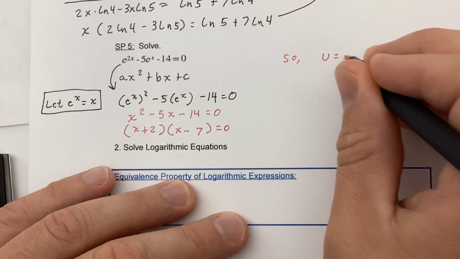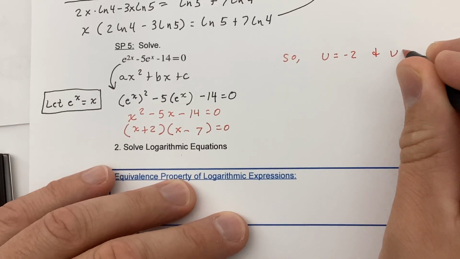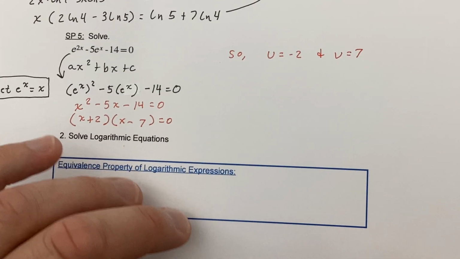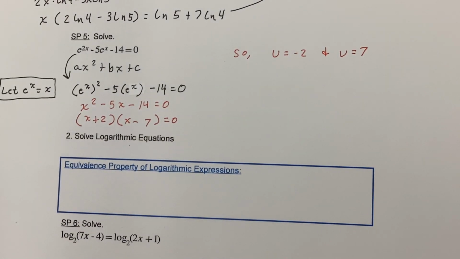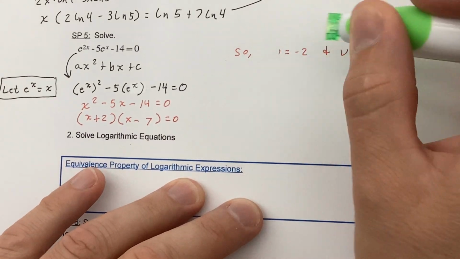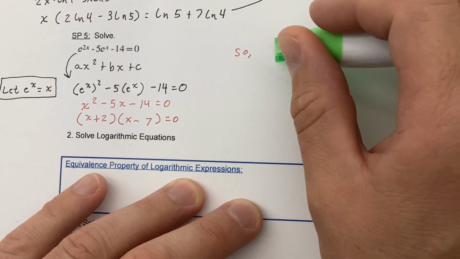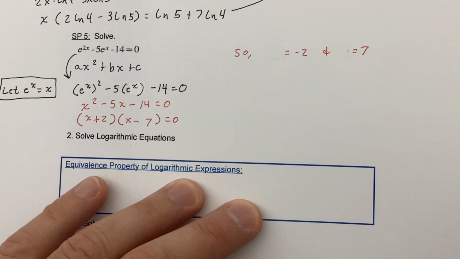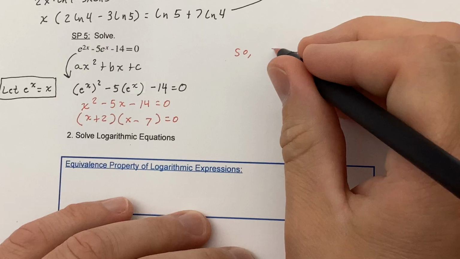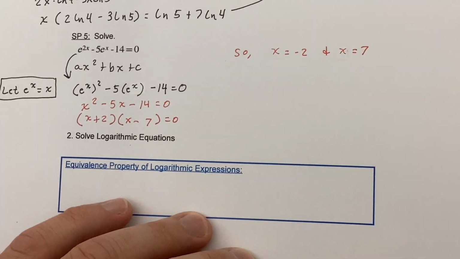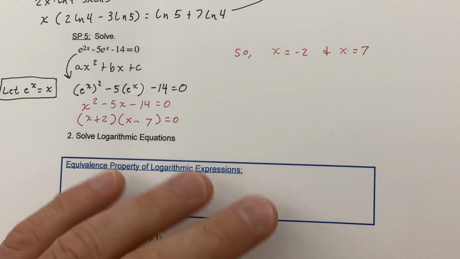So u is equal to -2 and u is equal to 7, once we set it equal to 0. I shouldn't say u, I should say x. Ooh. Probably should not have used x. I should have used a u there, but that's okay.